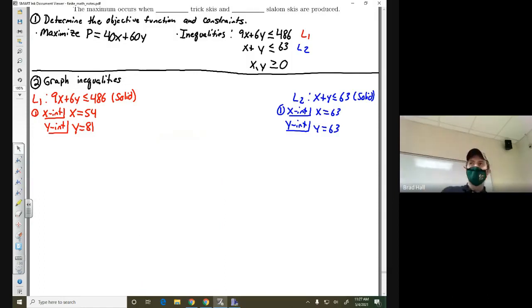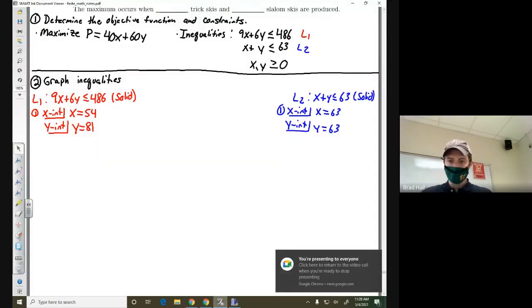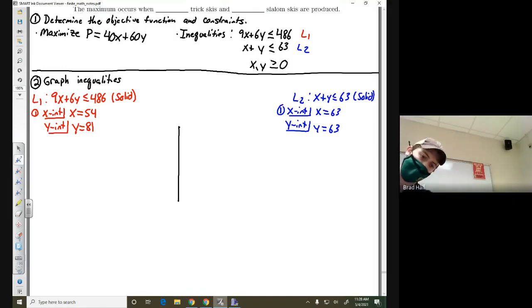Now, the reason why it's good to find the intercepts first is because this gives us an upper bound when we draw the graph. What I mean by that is to go ahead and make some measly attempt at drawing an x and a y axis. Just something like that.